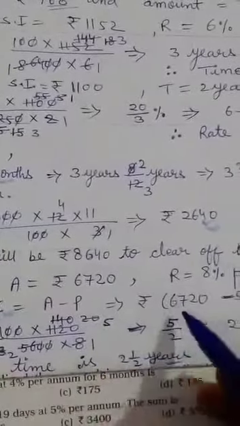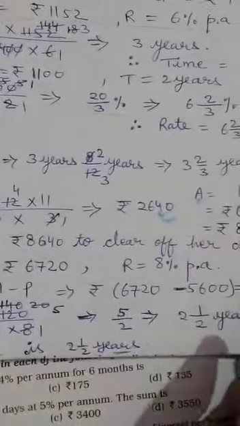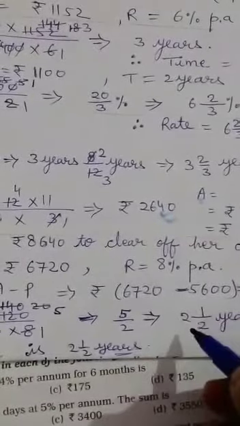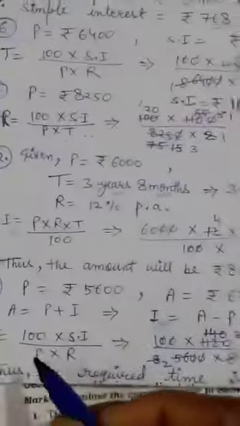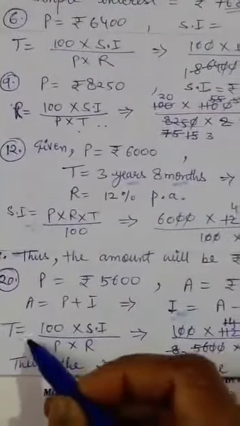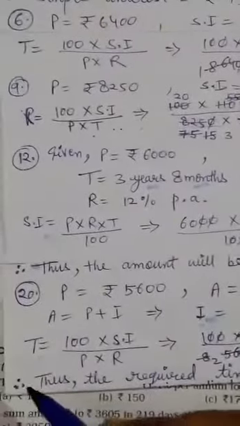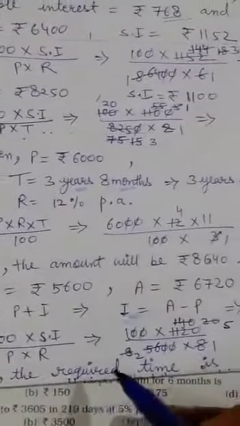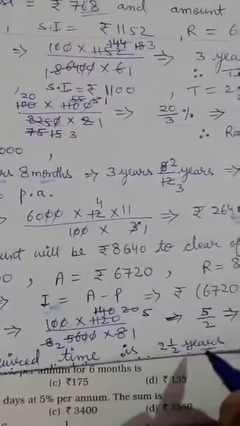Cut it, you will get 5 upon 2. It is improper, so convert this into mixed: 2 whole 1 upon 2 years. Why years? Because we need to find the time, and time is always in years. At last you have to write: thus the required time is 2 whole 1 upon 2 years as your final answer.